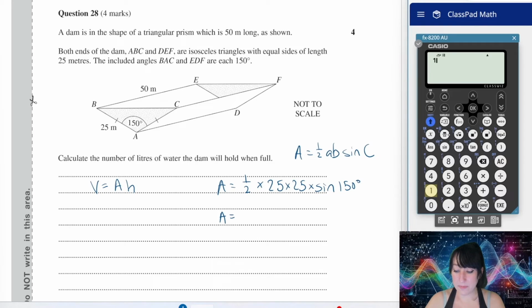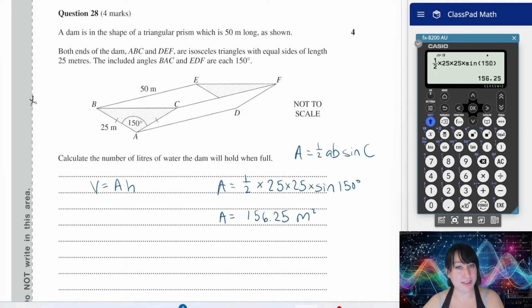So we'll calculate that. We get 156.25 square meters. That's the area of the base of the triangular prism.